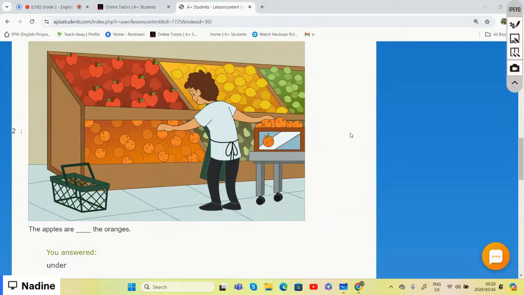Here we have the apples, and there we have the oranges. Now we need to say where the apples are compared to the oranges.